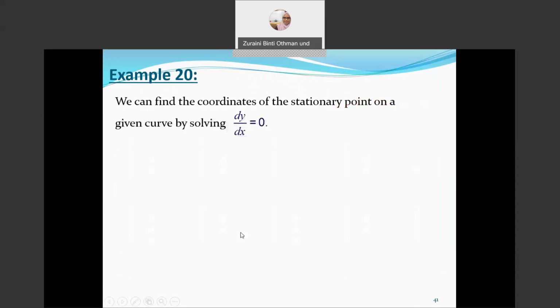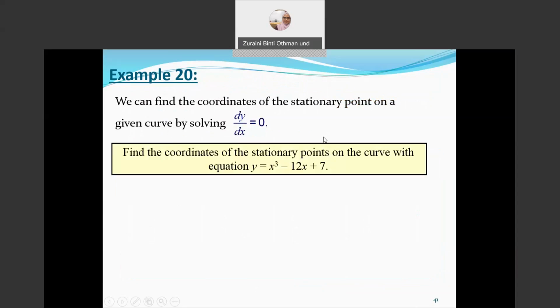Okay, so here example 20, we can find the coordinate of stationary point by solving dy over dx is equal to 0, then we get the stationary point. Okay, so if we have this question, now we want to find the stationary point. So this is the formula.